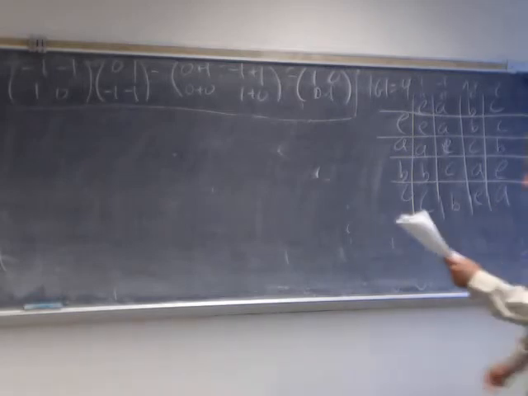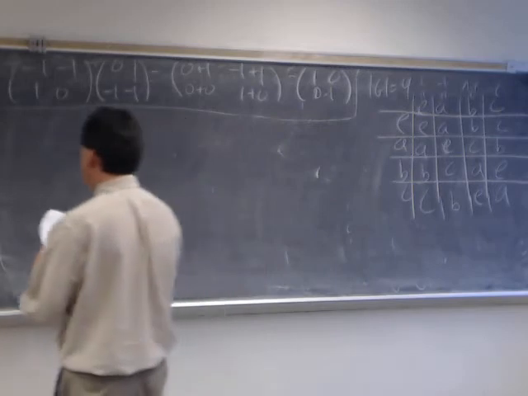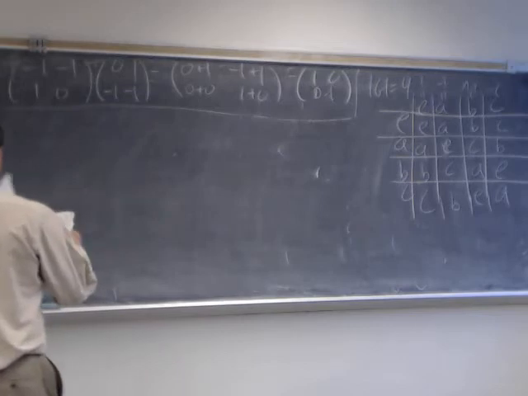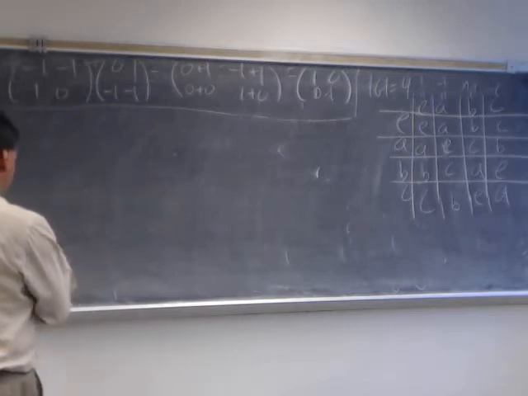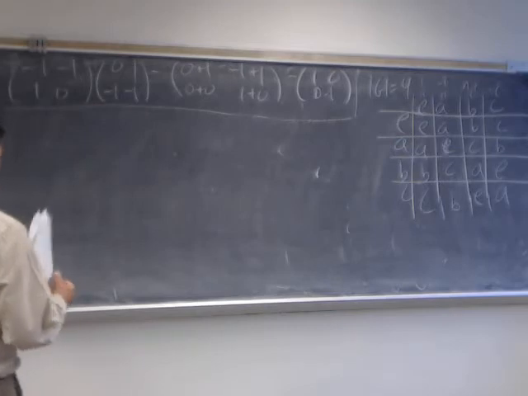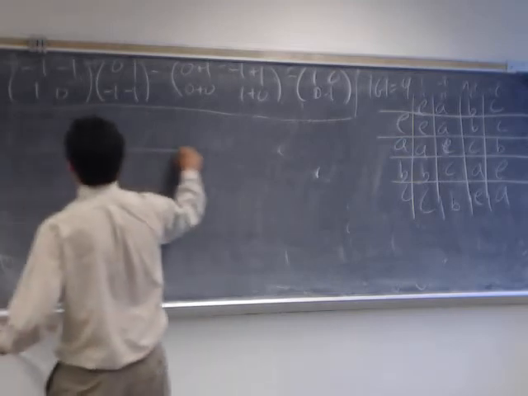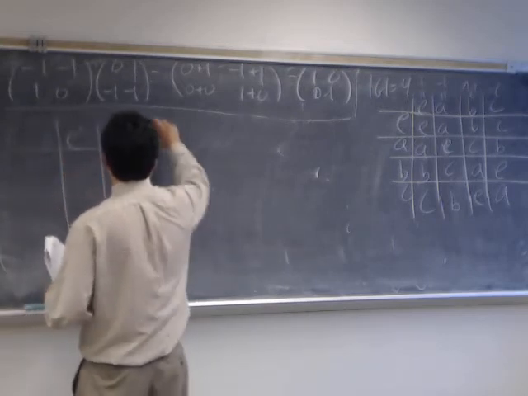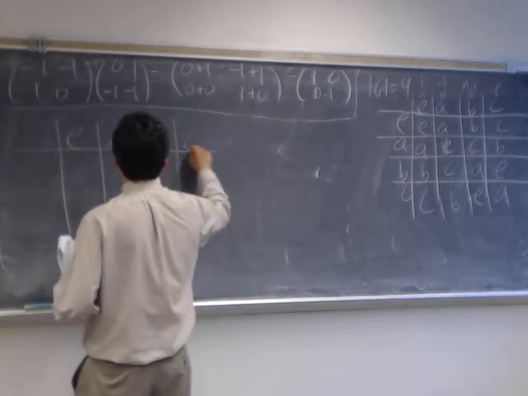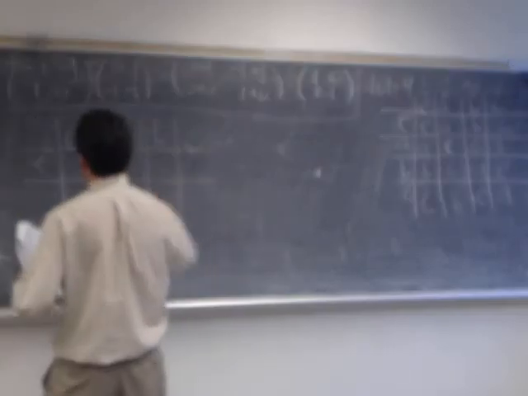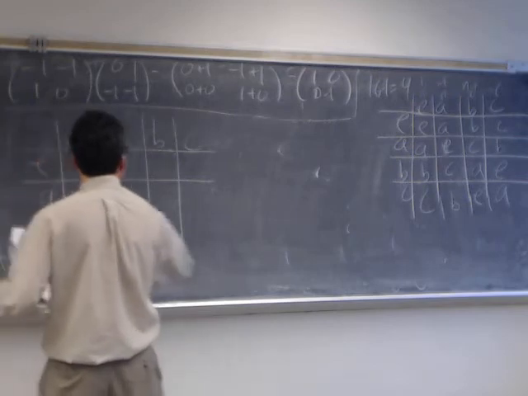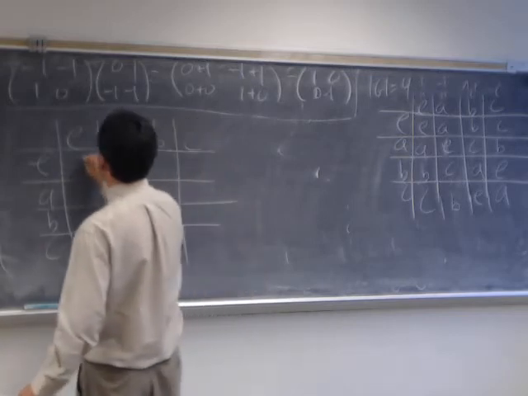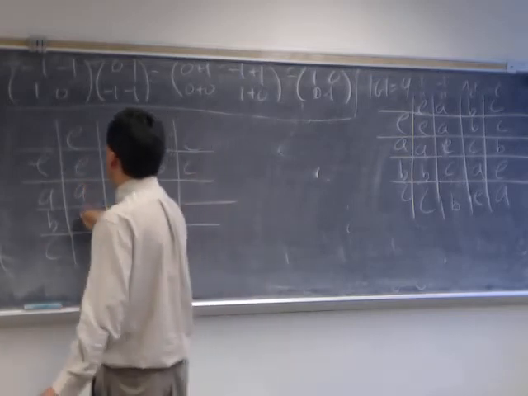Is that the only possible way? And so it turns out there's not. There's a degree of choice in completing this table. So let's look. So the first row and the first column are automatic.